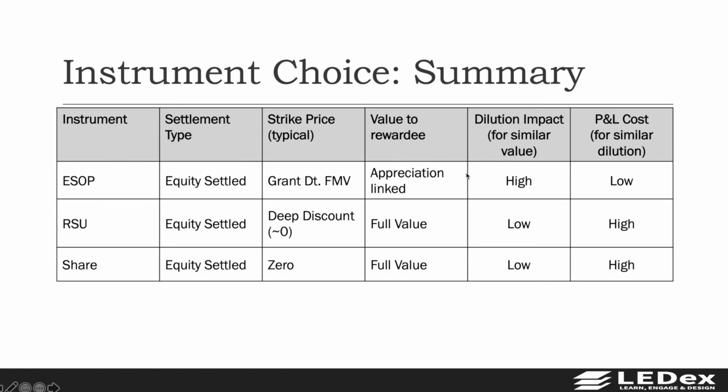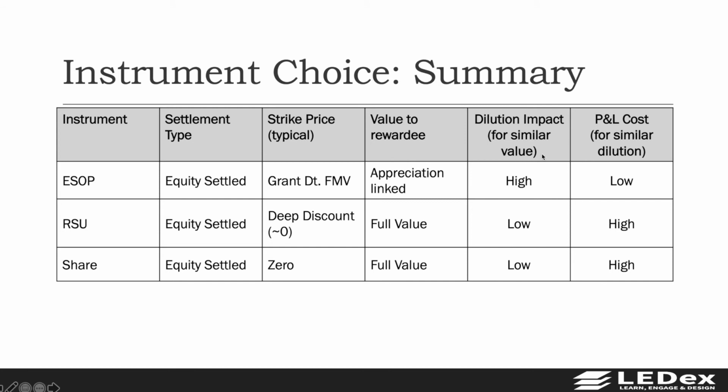From an awardee's value perspective, an ESOP is appreciation linked because the individual receives value only if there is an increase in price of the share between the grant date and the vest date, whereas an RSU or a share delivers almost full value to the awardee because of the nature of that design.